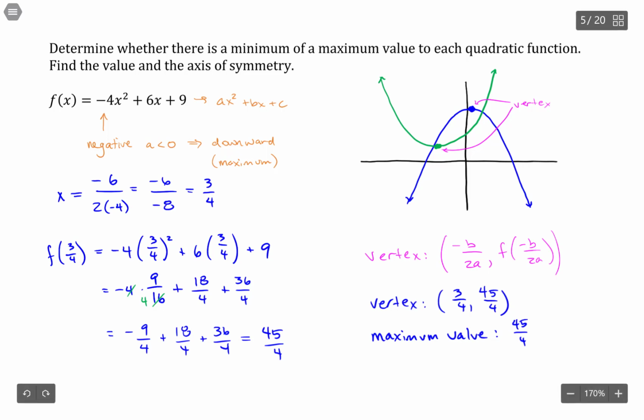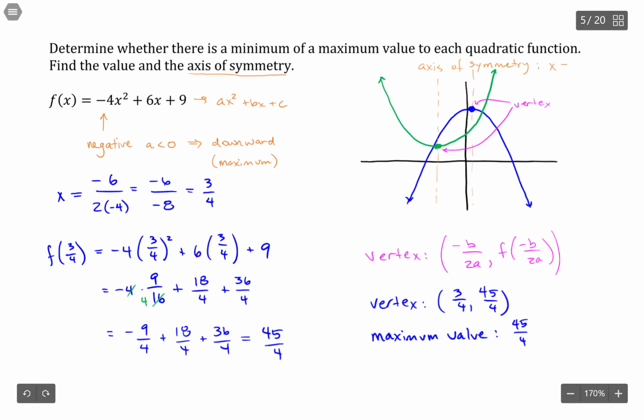Now the last thing that's asked about is the axis of symmetry. The axis of symmetry is just a vertical line that passes through the vertex, and it parts a parabola into two perfectly synchronous sides. So this right here is our axis of symmetry. And the axis of symmetry has a very easy formula.